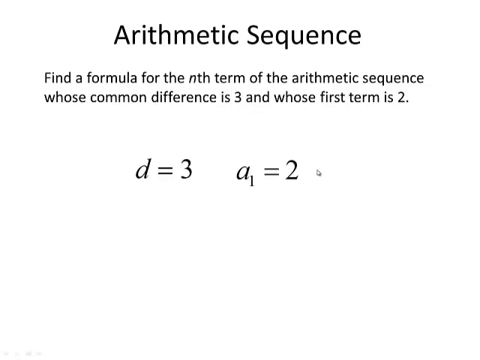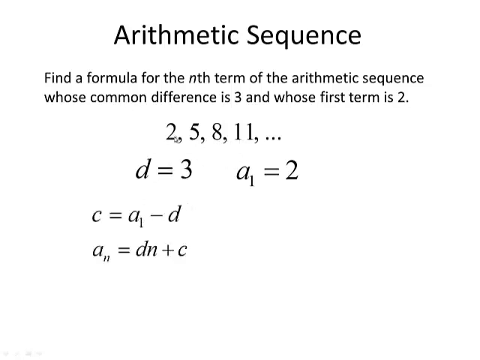Well, if you look back at the formula you just wrote down from the last slide, you'll notice that using these numbers here, the first one's 2, the next one's plus 3 is 5, plus 3 is 8, plus 3 is 11. So this is what we're looking at.